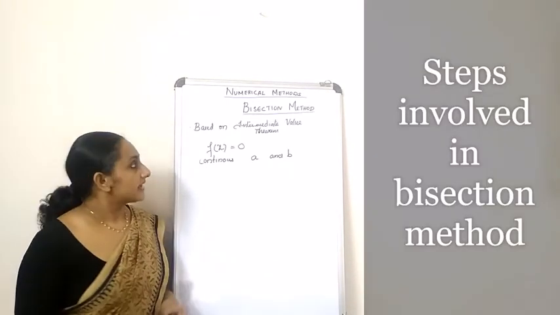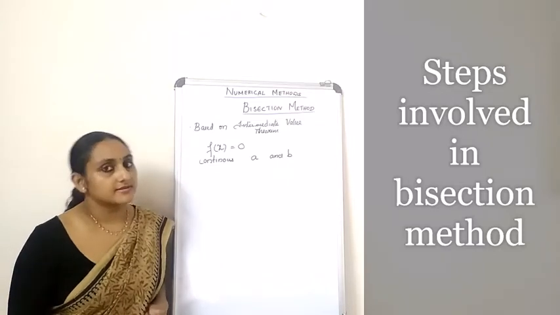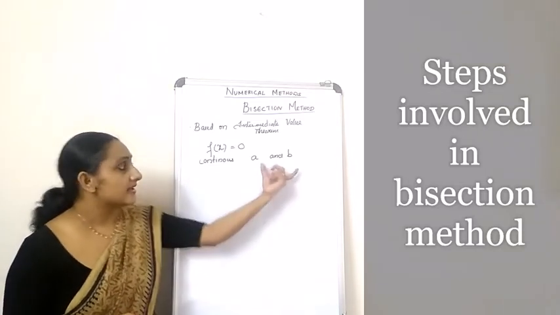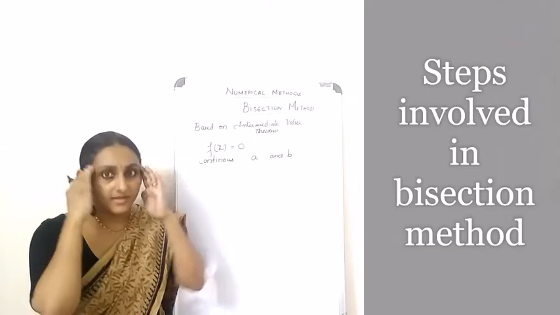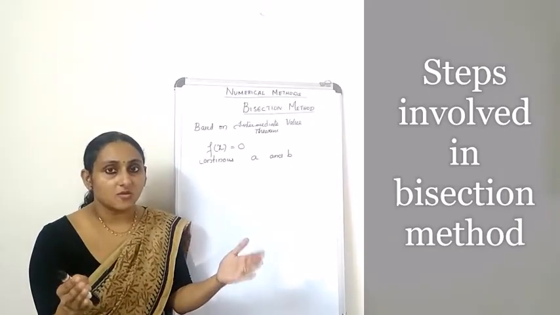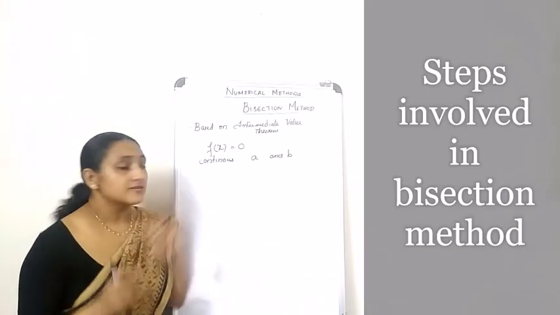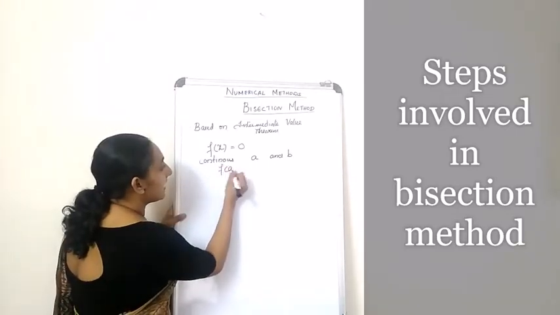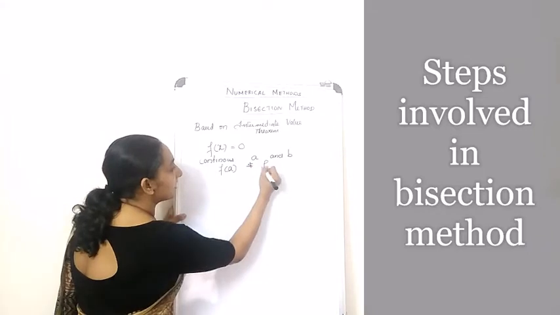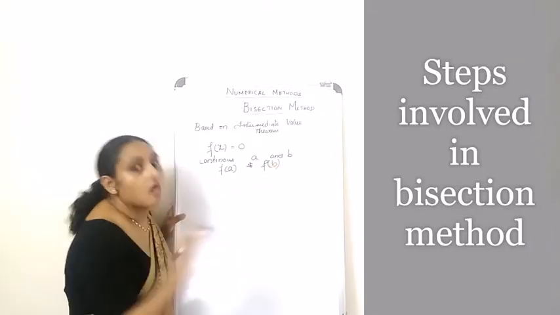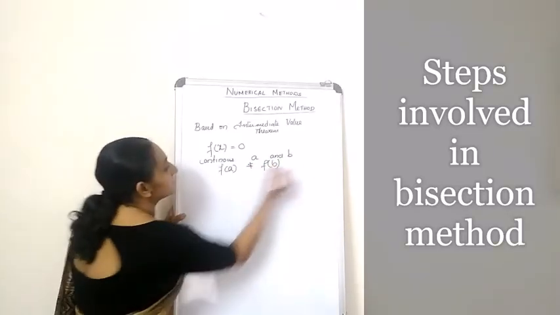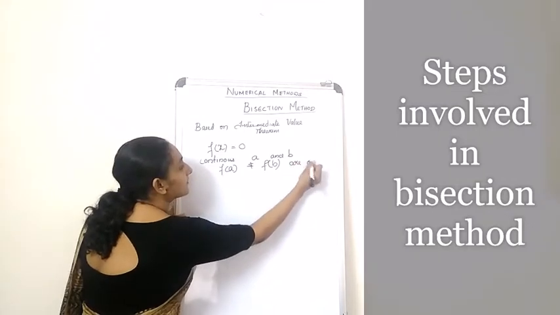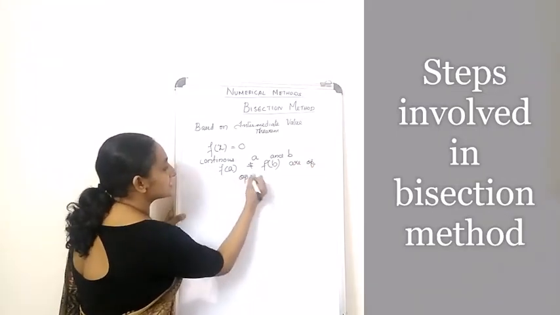So it's nothing but f of x is equal to 0. f of x is a continuous function between the interval A and B. Keeping your picture in your mind, you can say that it's continuous between A and B such that f of A and f of B are of opposite signs, right? Are of opposite signs.